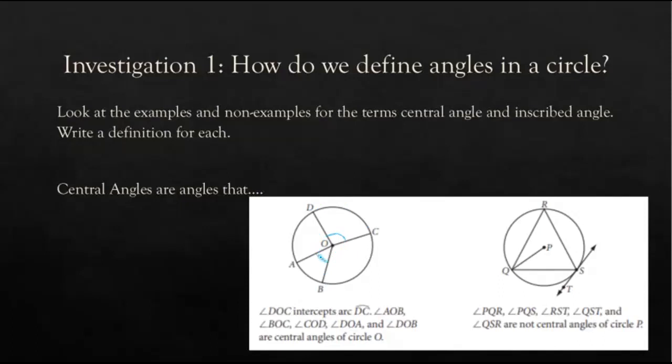AOB and BOC and DOA and DOB are all central angles of circle O. Over here on this picture, we have PQR, so this angle, and PQS and RST, QST, this angle down here, and QSR. All of these angles are not central angles.